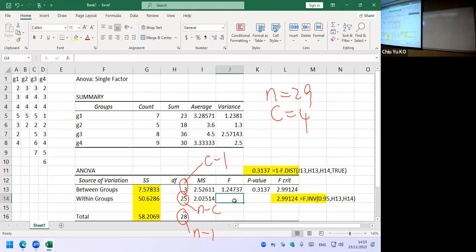If not, you would expect the between-group variance to be much larger than the within-group variance. Within group looks at the variance inside the group. Across groups, if there's no difference, it should not be larger than within group. So that's the idea. I hope that's clear.